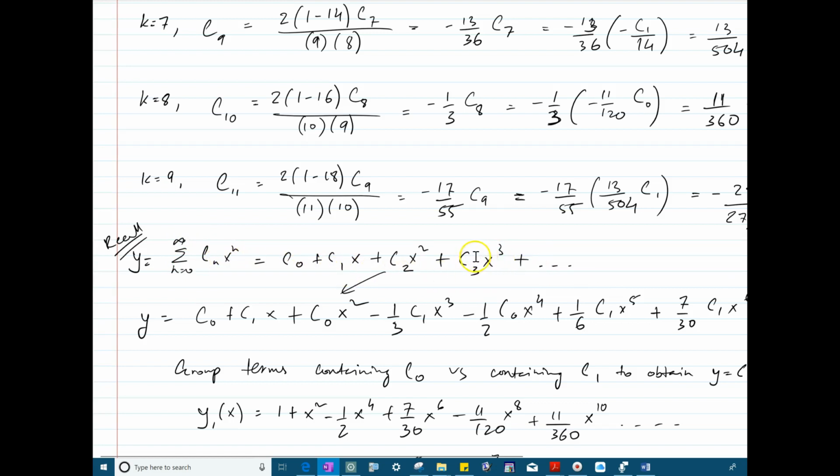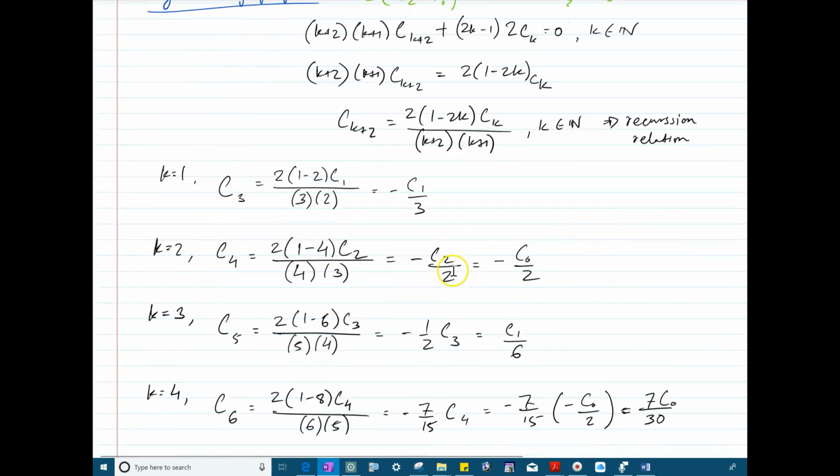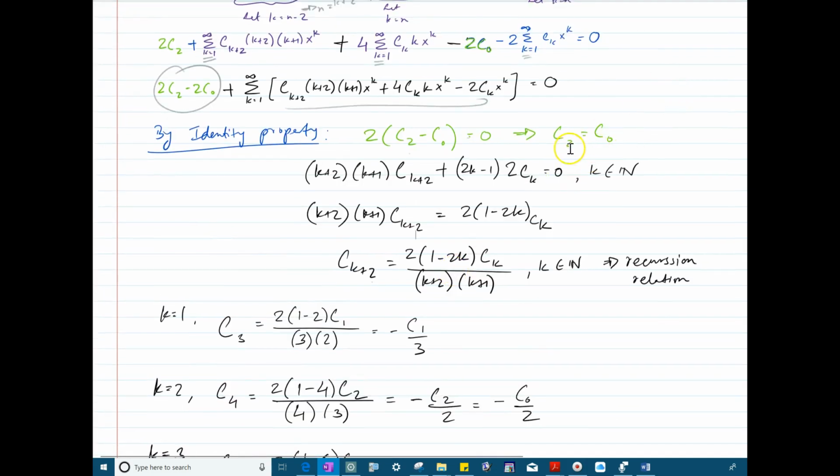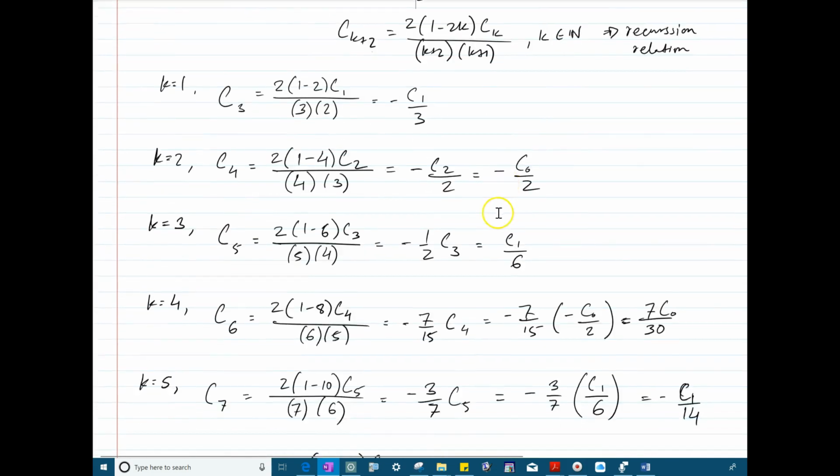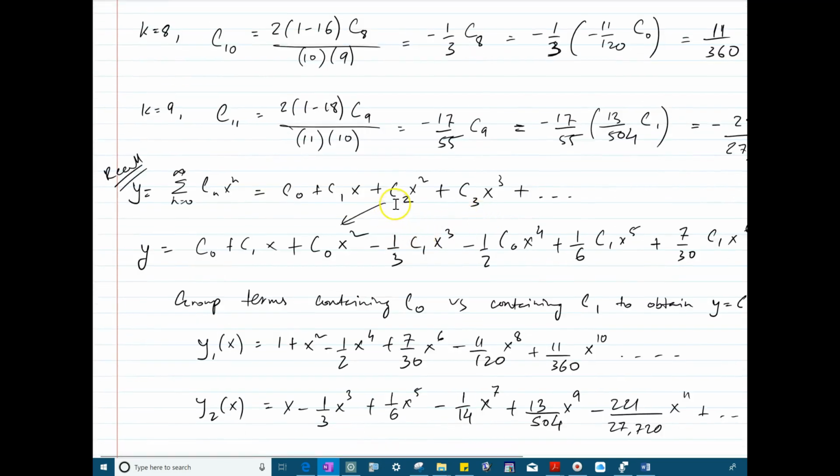So what we do is we start gathering, well, remember C2 is the same thing as C0. So we're now plugging in the value of C2 as C0 x squared. So everything is C0 or C1. Everything gets replaced by C0 or C1 here.